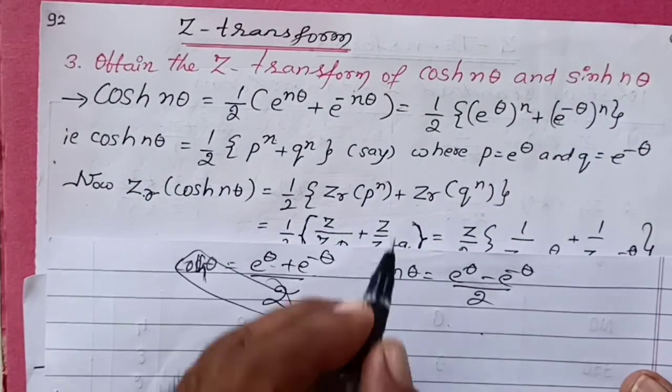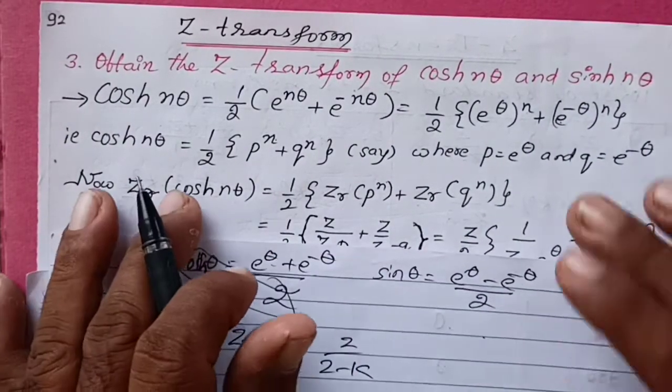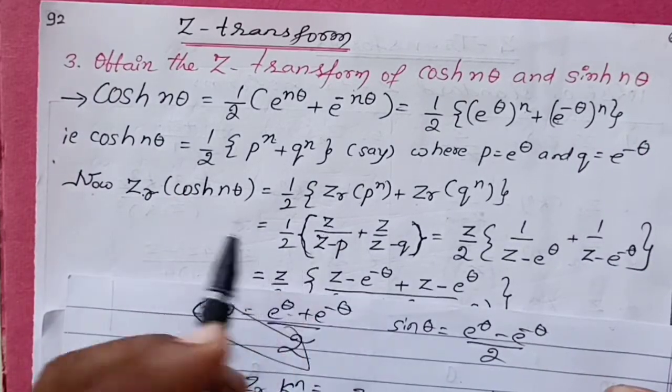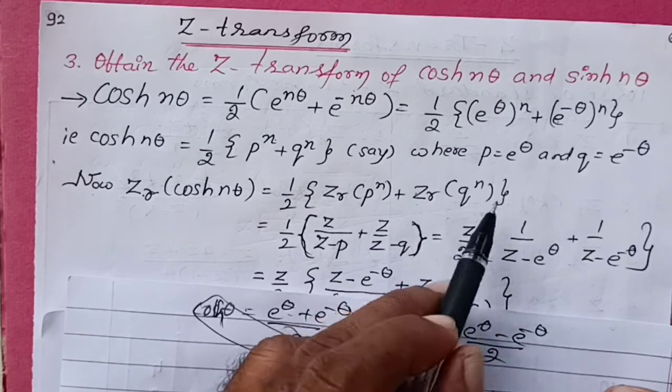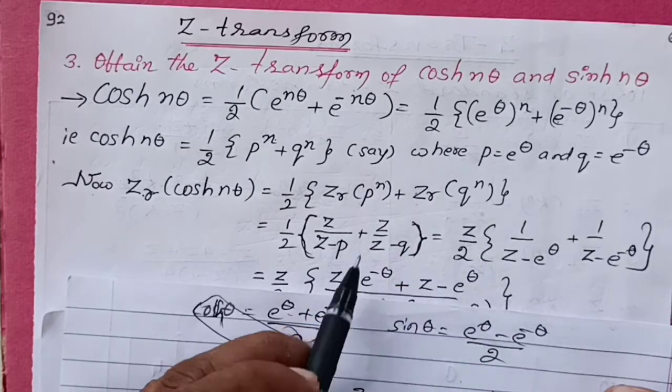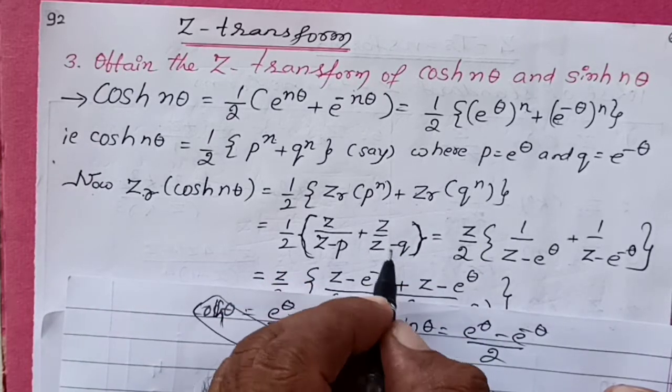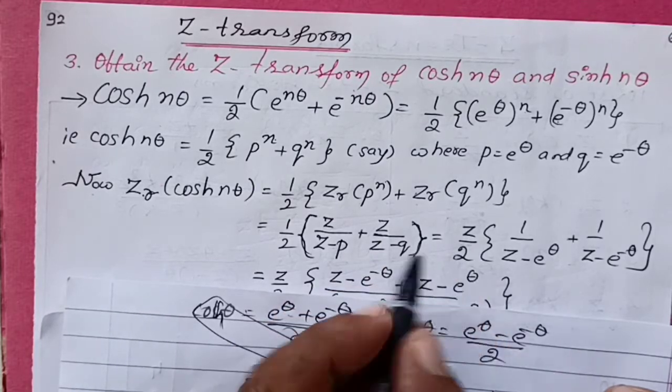Here it is p, so write down 1 upon 2, Z upon Z minus p plus, next, Z transform of this one, Z upon Z minus q.